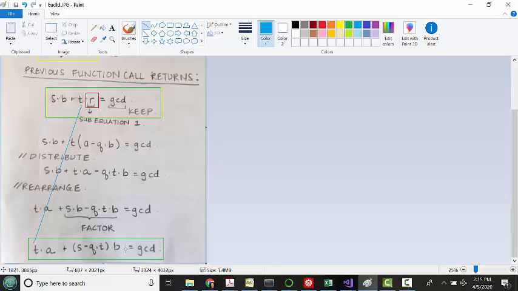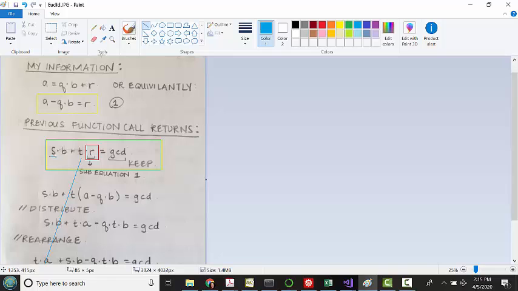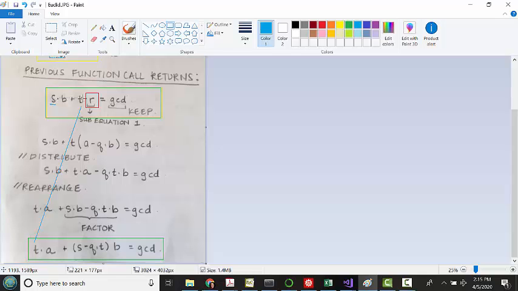The new coefficient on the inside is a combination of these other things. Whatever this s value was, I want to take it and subtract q multiplied by this t value, and that becomes my new coefficient here. So that's all we need to add to our program.